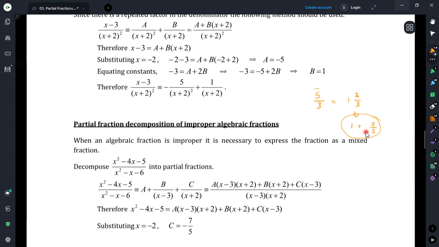Even though this is an improper fraction, we can write it as an addition of a whole number or any other polynomial if it is an algebraic fraction, and again a proper fraction. Therefore, these concepts will be used for decomposing into partial fractions for improper algebraic fractions.